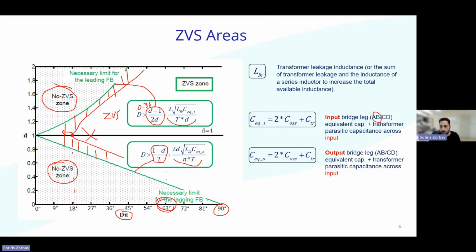If you add the COSSs of the MOSFETs and you add actually the input capacitance of the primary or the secondary one, it depends on if we look from the input or the output side, that's the equivalent capacitance of the bridge, of the leading or the lagging bridge, depending. So you have those two parameters as well to calculate here.